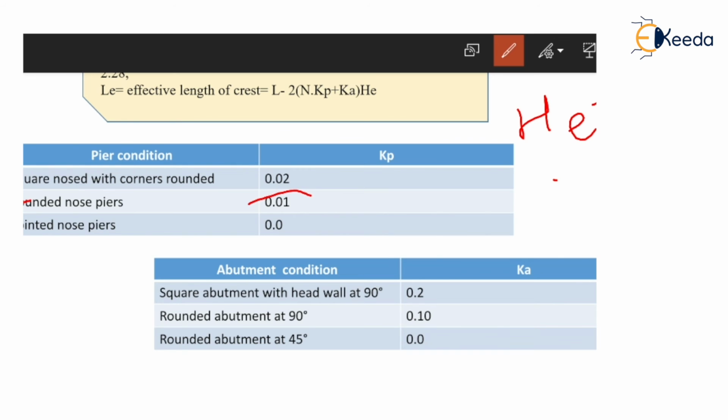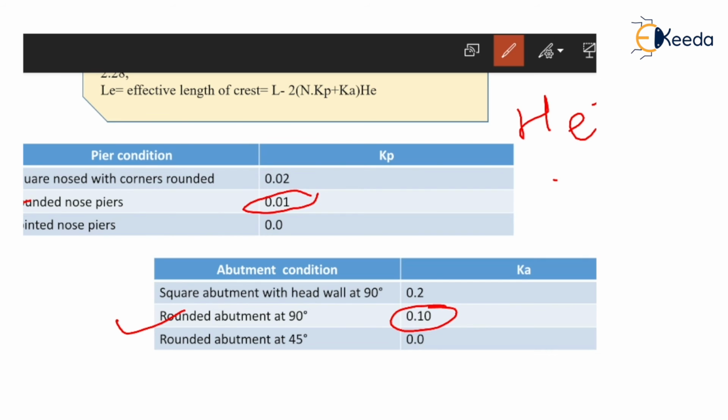So remember one thing, while designing this we should take the value of Kp as 0.01, and here the abutment should be rounded and having a 90-degree angle with the face wall, head wall. So here we can adopt this value as 0.10.